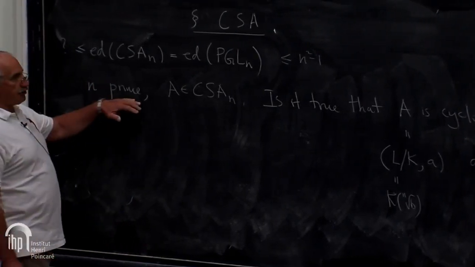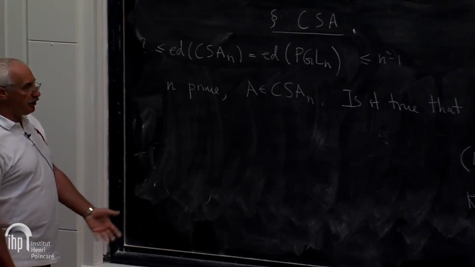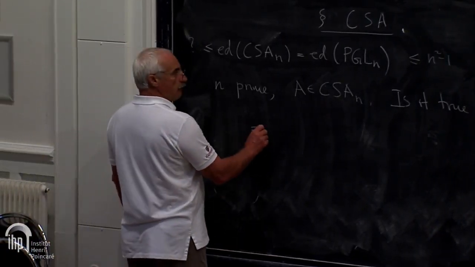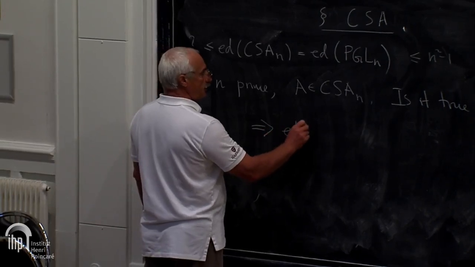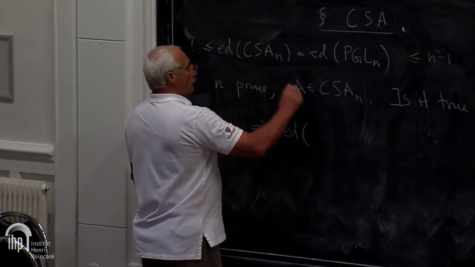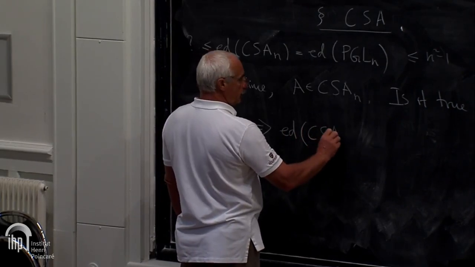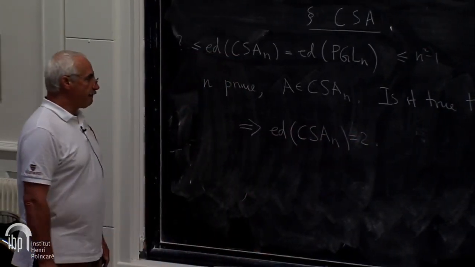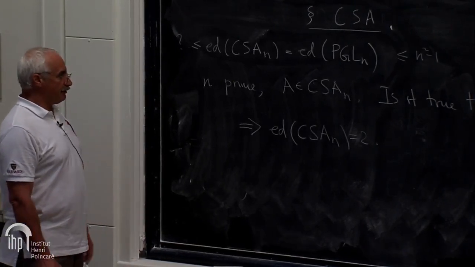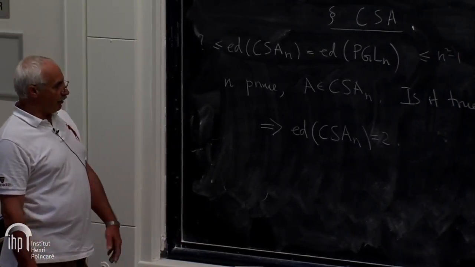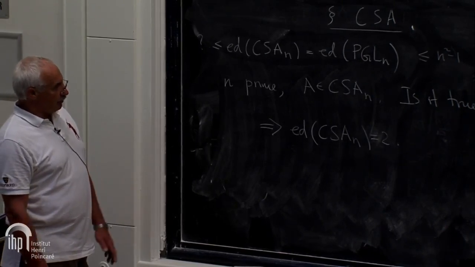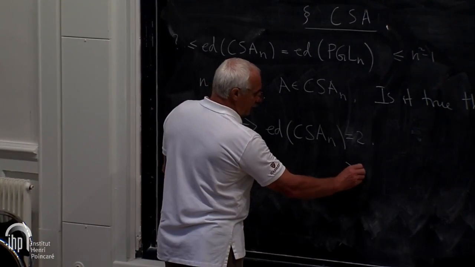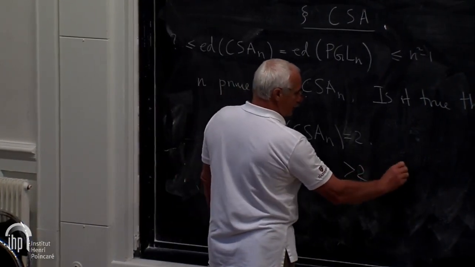So if the answer to this conjecture is yes, and if there are roots of unity in the ground field, then we will get from the conjecture that the essential dimension of this class is equal to 2. And my dream is that one day someone will come with a proof that this essential dimension is greater than 2 for n at least 5.